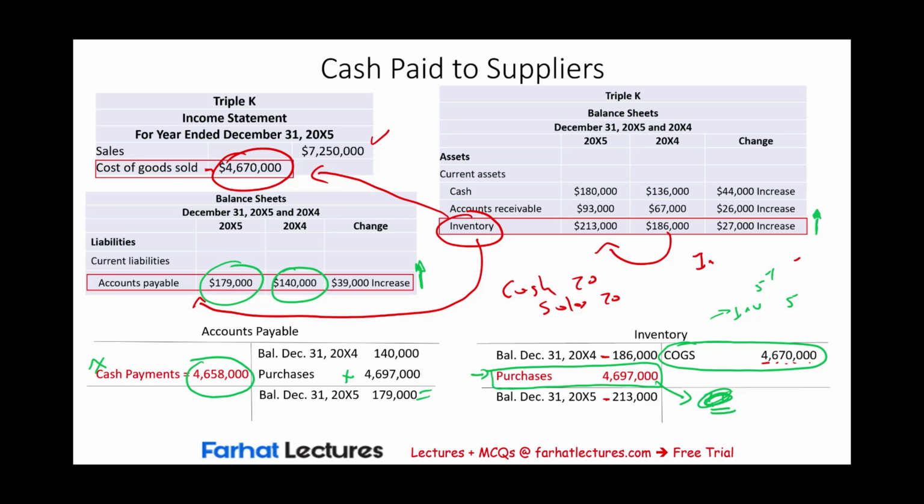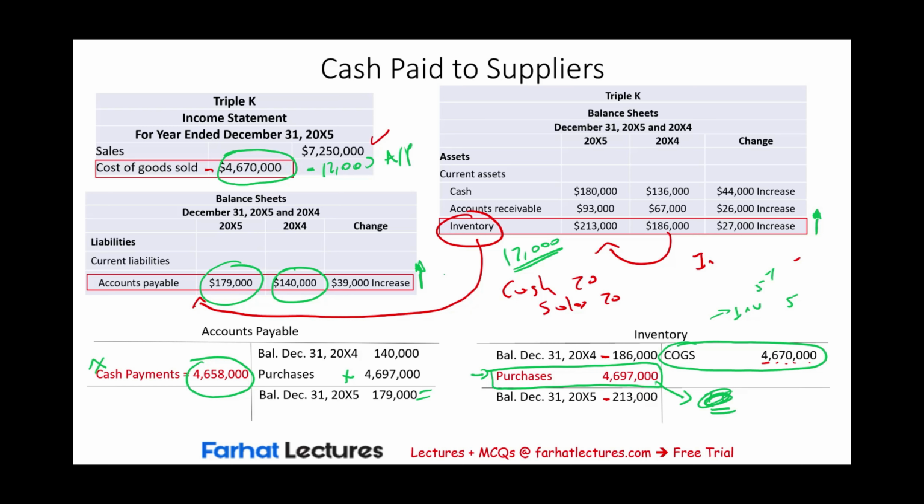Well, if you really think about it, if I purchased 27 and 39,000 of it was credit, what's the difference between those two figures? If you find the difference between 39 and 27, it should be how much? 12,000. So the difference is 12,000. It means I recorded in cost of goods sold 4,670,000, but 12,000 of it was on accounts payable.